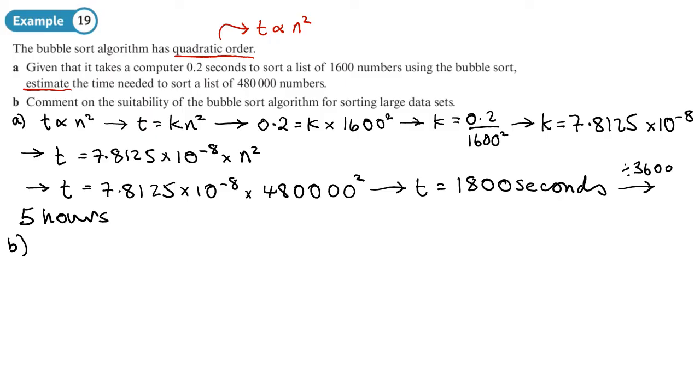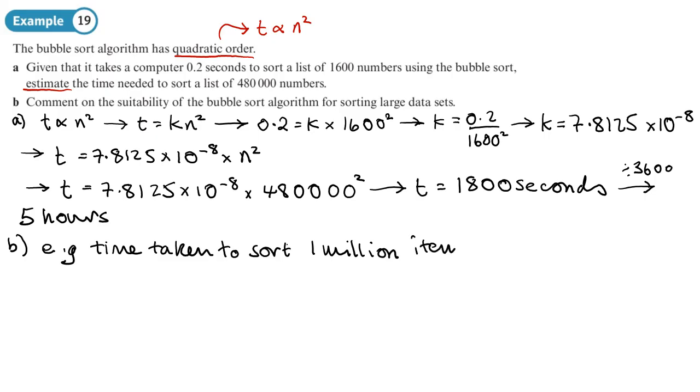So let's just have a look. For example, if I had 1 million items, time taken to sort 1 million items. I'm not asked for this, I'm just showing you what happens. That is going to be t equals 7.8125 times 10 to the negative 8 times 1 million squared.